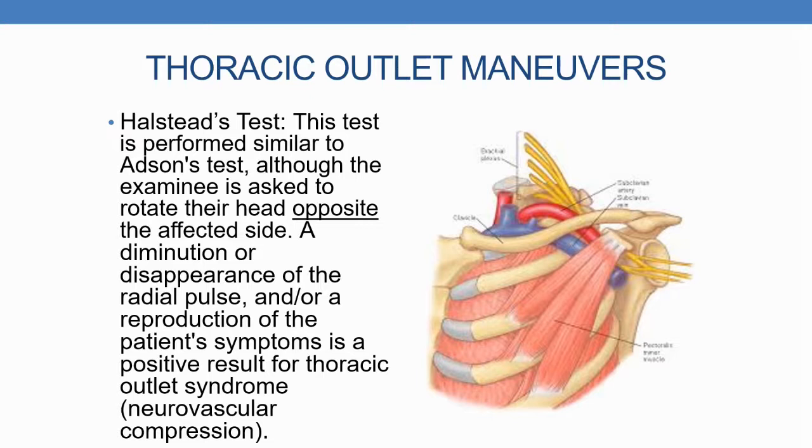A diminution or disappearance of the radial pulse and/or reproduction of the patient's symptoms is a positive result for thoracic outlet syndrome due to compression at the scalene muscles, perhaps due to some abnormality or malformation of the scalene muscles.